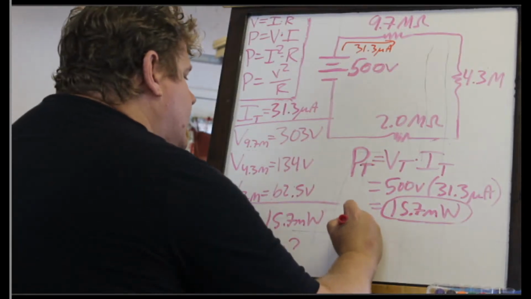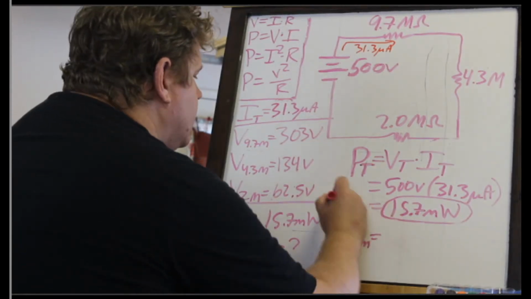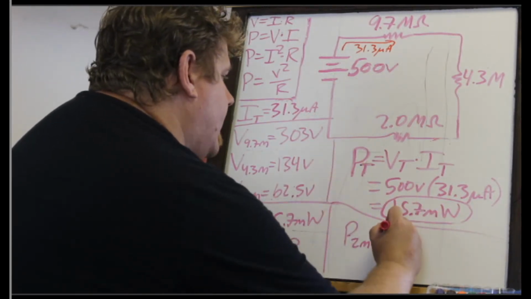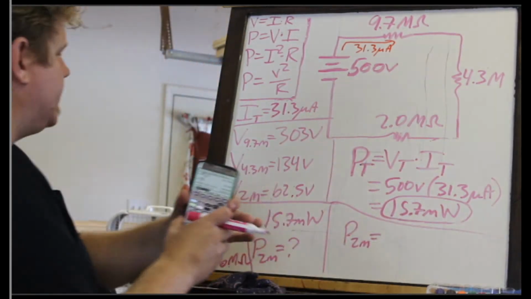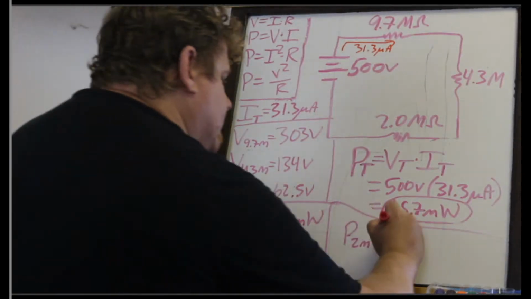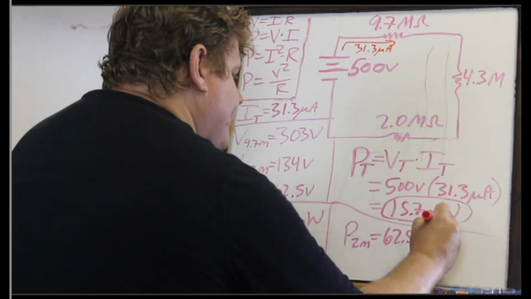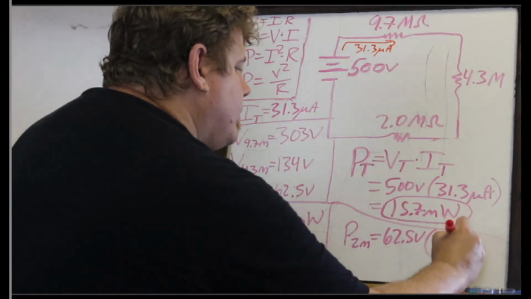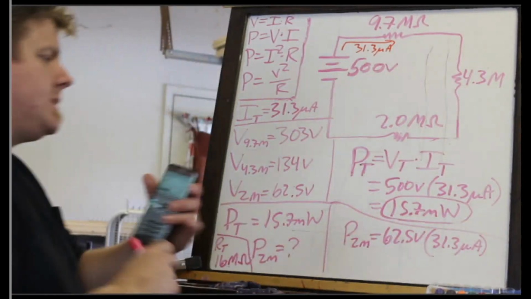So the power of the 2 meg is the individual voltage drop, so that was 62.5 volts, times the current, the only current, 31.3 microamps.